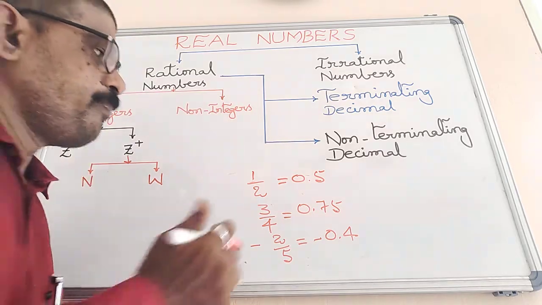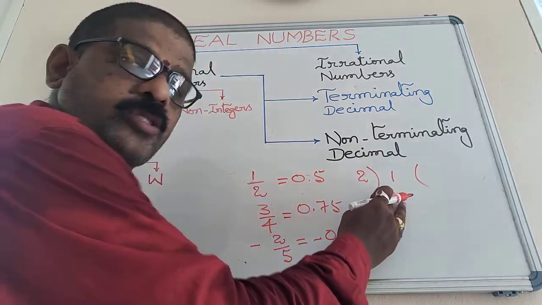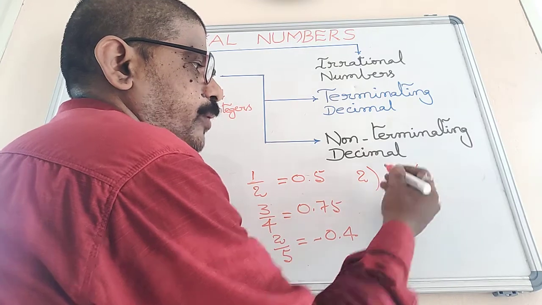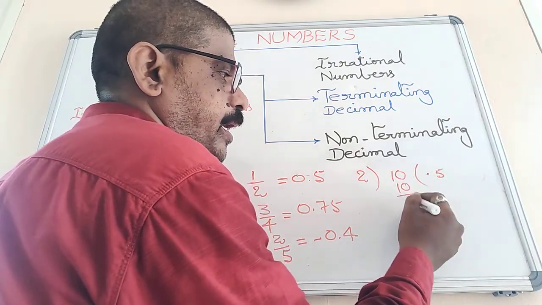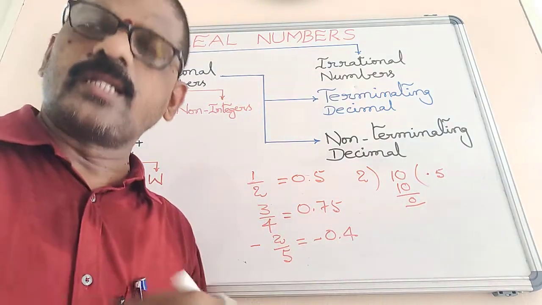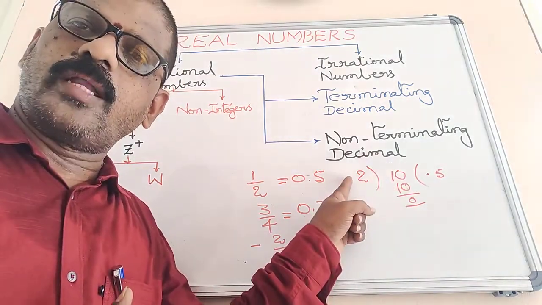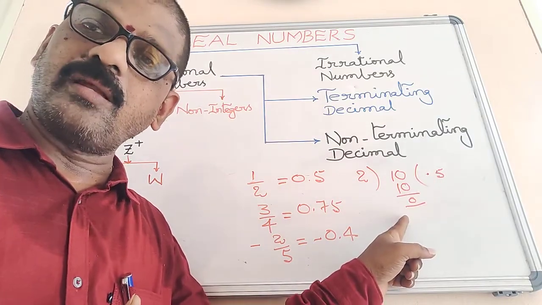Why? Because, for example, 1 by 2. We can divide it and take a decimal. We write 0. So 2 5s are 10. The remainder is 0. Now, according to the division algorithm, that is called the dividend, that is the divisor, that is the quotient, then the remainder.